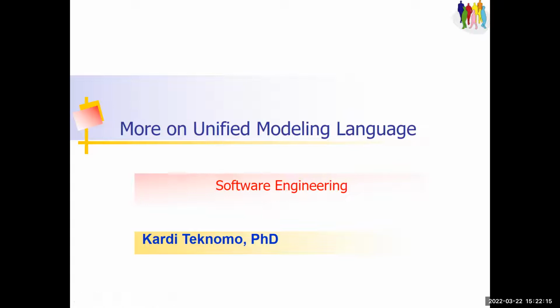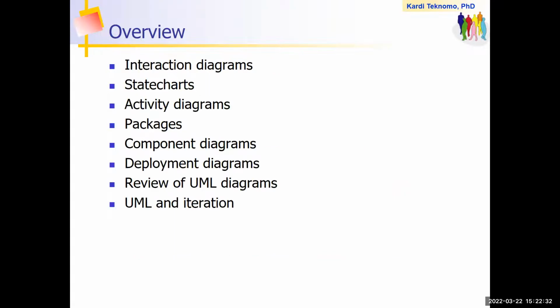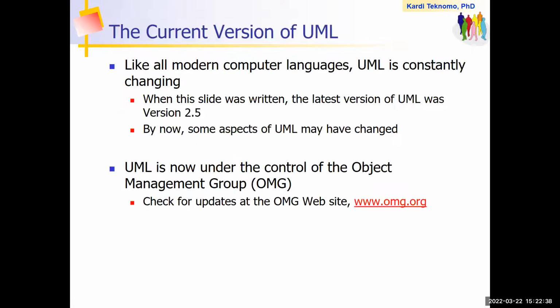And there are 14 diagrams. This is proposed by IBM. So this is the overview of what we will discuss in this slide. Okay. So the current version of UML is version 2.5.